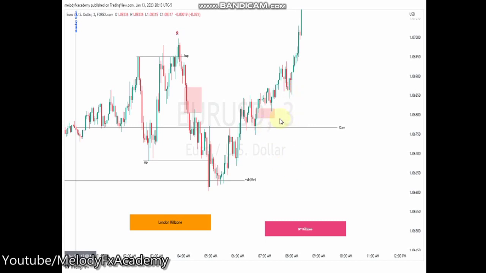So why are we buying above the midnight opening price, although it is close to it? Because the London Q zone tends to form the low of the day, and the New York Q zone is almost a continuation of the London Q zone trend.